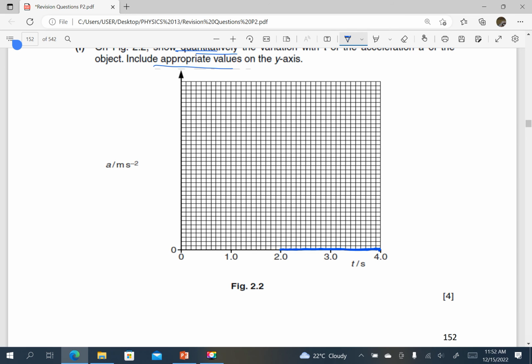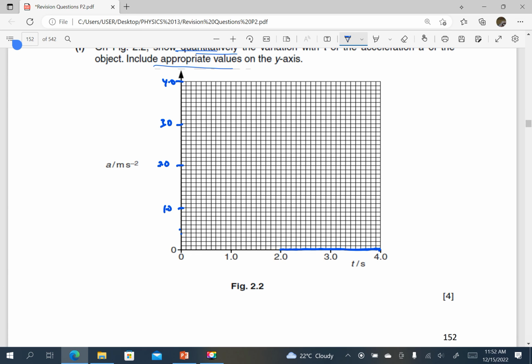Let me say after every 10 small squares, I put there a mark. 1, 2, 3, 4, 5, 6, 7, 8, 9, 10. And here I'll say this is 1.0, 2.0, 3.0, and 4.0.